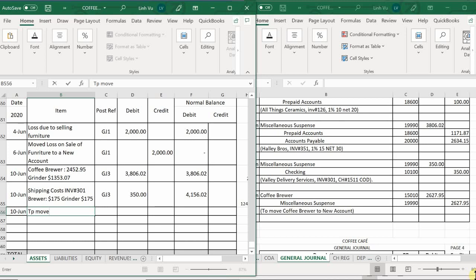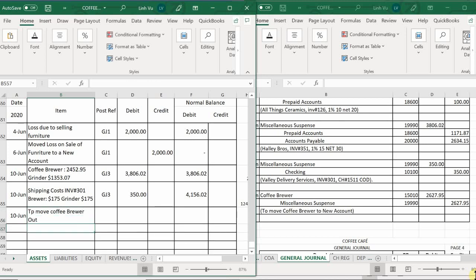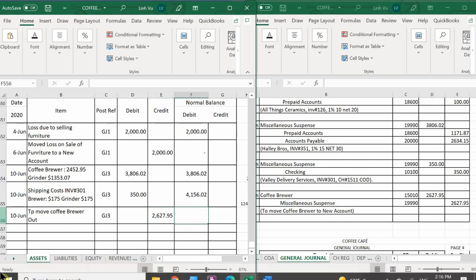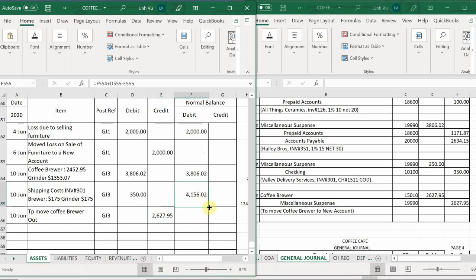So let me see. We have 4,556.02 minus 2,627.95. So we still have 1,928.07. How? Let me see. Oh, I made a mistake.